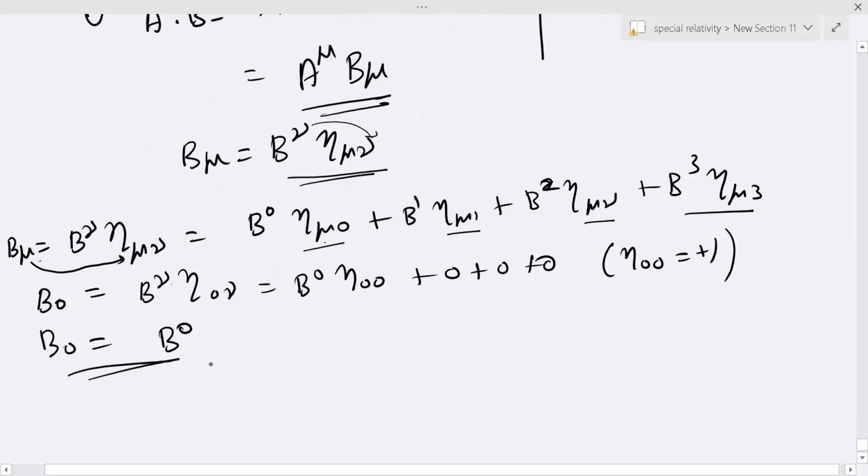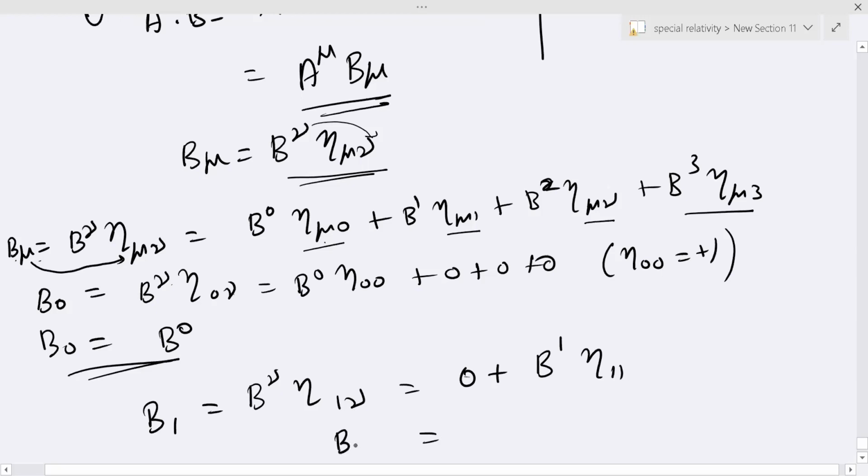What about the space part? I'll write it as B_1, for example. If you need B_1, you write it as B^ν η_1ν. If I put 1 here, you put 1 also here. You just sum this, and the only non-zero term is for ν equal to 1, because all off-diagonal terms are 0. This is B^0 times 0, plus B^1 η_11. And what's η_11? If you look at the matrix, you see that η_11 is minus 1.